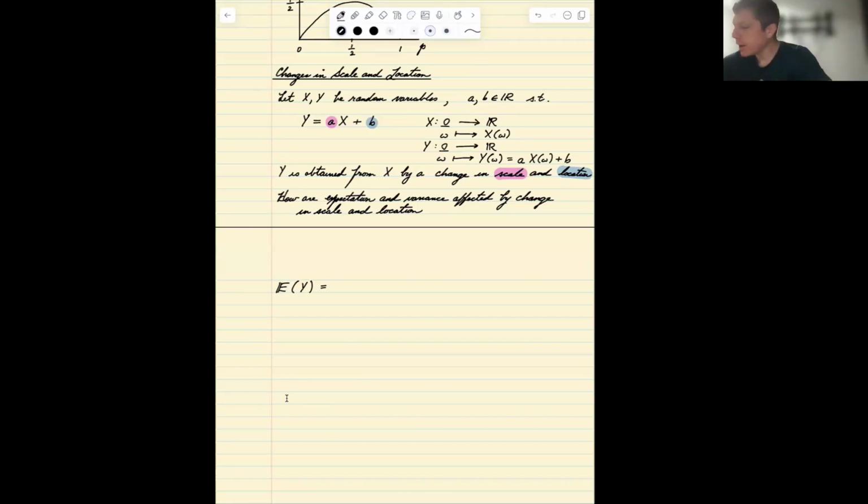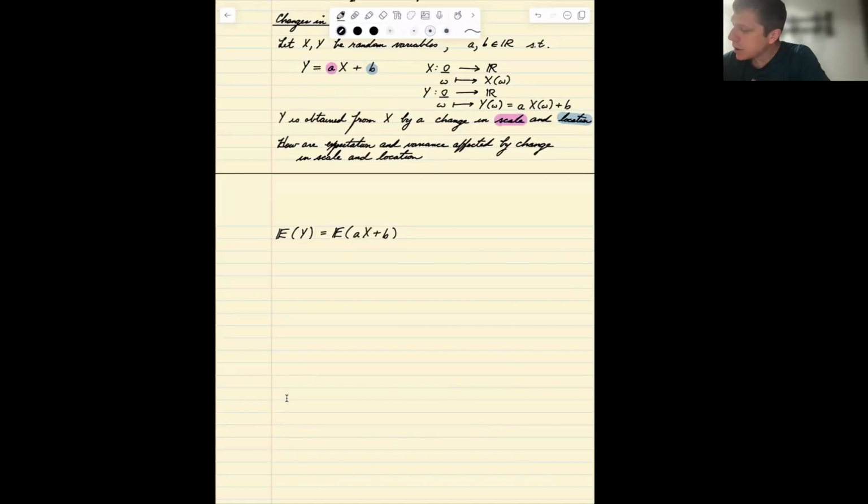The only thing we know about Y is how it relates to X. So it's aX plus b. What can we say about the expectation of aX plus b? Well, we know by the linearity of expectation, if we have a random variable and we add a constant to it, that constant can come out. And if we multiply a random variable by a constant, that constant can come out. So it's a times the expectation of X plus b.